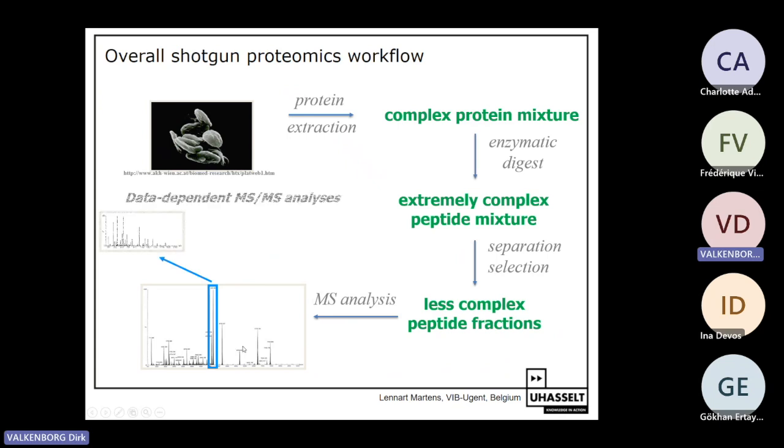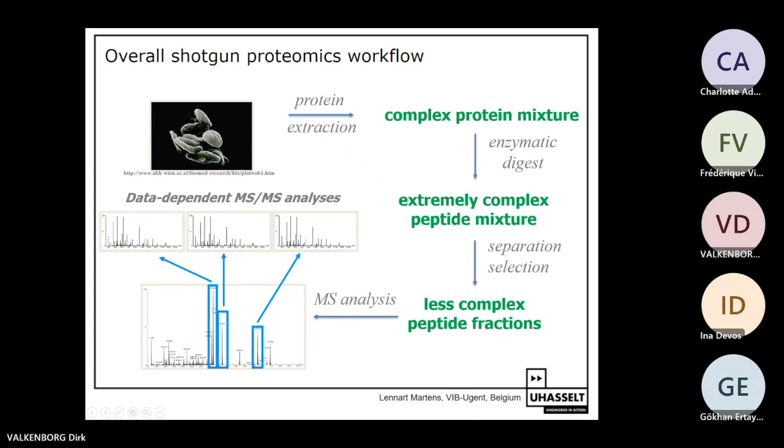So here, the mass spectrometer selects 3 peaks, and it will isolate these masses and accumulate them until we have sufficient ions, and then fragment these peptides, and hopefully we will receive a nice peptide ladder. So it means a series of ions, of fragment ions, from which we can infer the amino acid sequence.